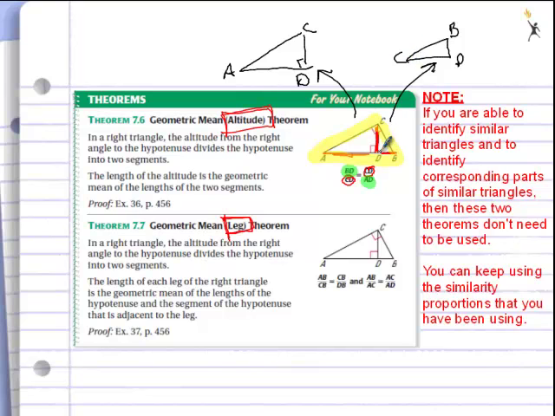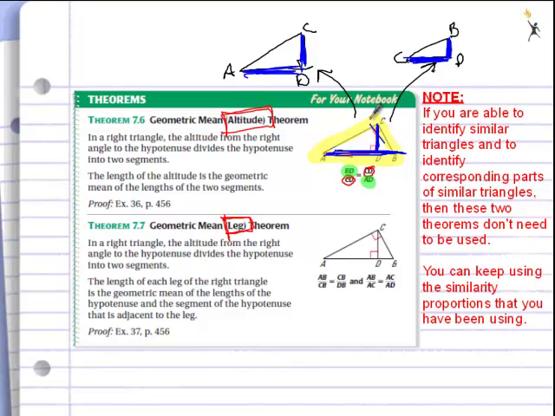And in our largest triangle, what they tell us is that the altitude, CD, which occurs in both triangles, separates the hypotenuse of my longest triangle, my biggest one, into two smaller sections. And those two smaller sections are AD and BD.